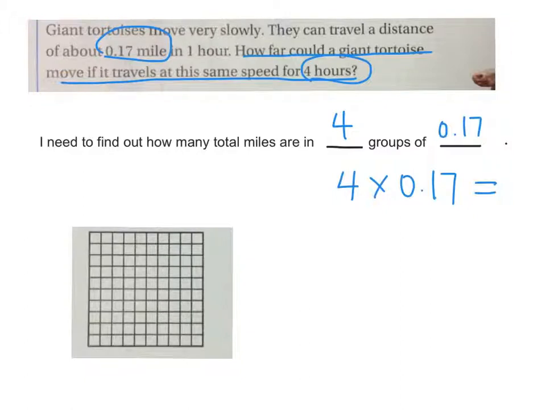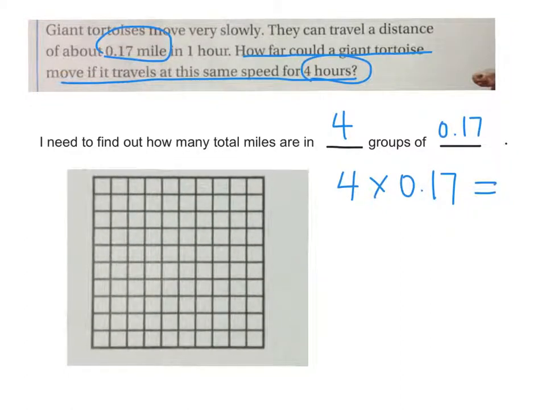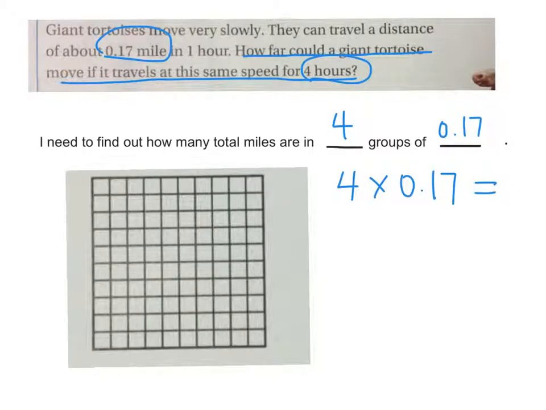Now, you see here that I have a grid. How many little boxes do I have in this grid? 100. Okay, go ahead and just sketch yourself a 10 by 10 grid so that you also have 100. So now in red, I've shaded in what models the representation of 17/100ths, right? How many groups of 17/100ths do I need to color in? 4, because I'm trying to find how many total are in 4 groups of 17/100ths.